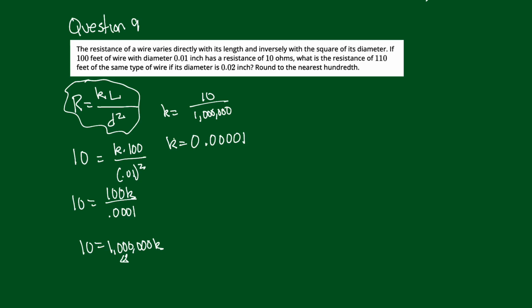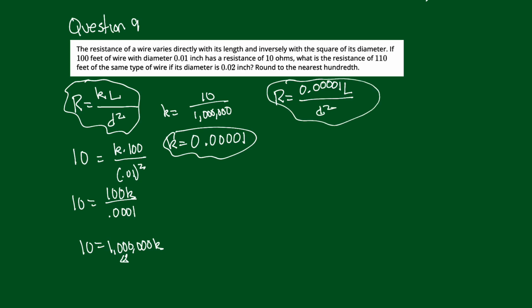All right, so I'm going to take that value of K and I'm going to put it right back up into this original. And that'll give me that R is equal to 0.00001 L over D squared. All right, there is a particular variation equation.